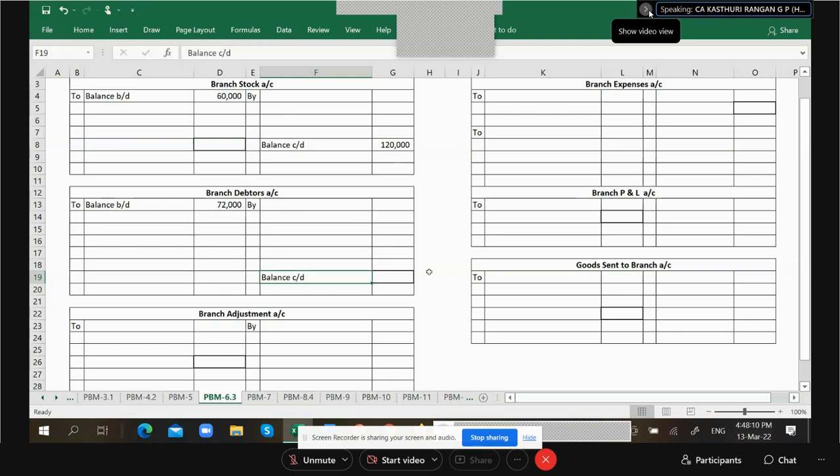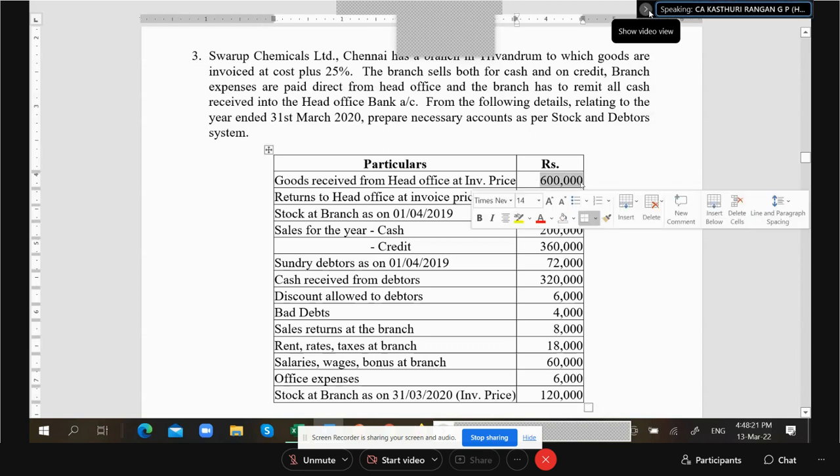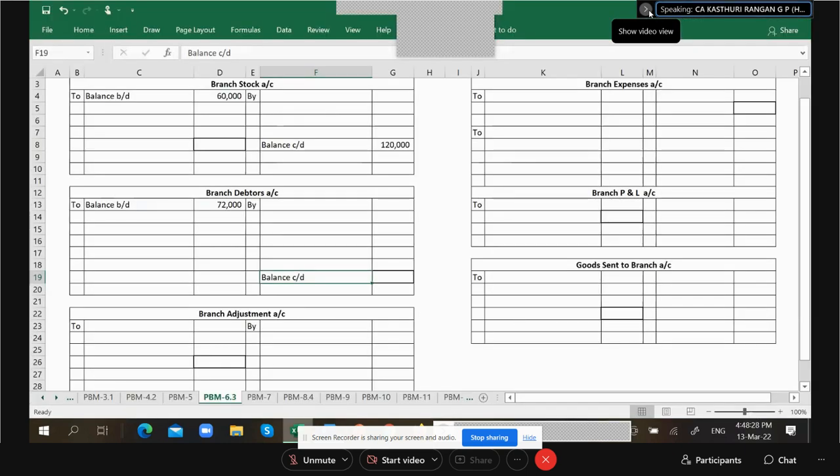Now what we should do, friends, we should record the transactions one by one. Okay, what are the transactions? Goods received from HO at invoice price 6 lakh. Nothing but goods sent to branch. So when the HO sends goods to branch, branch receives the goods. Goods come into branch stock. Therefore, what is the entry?